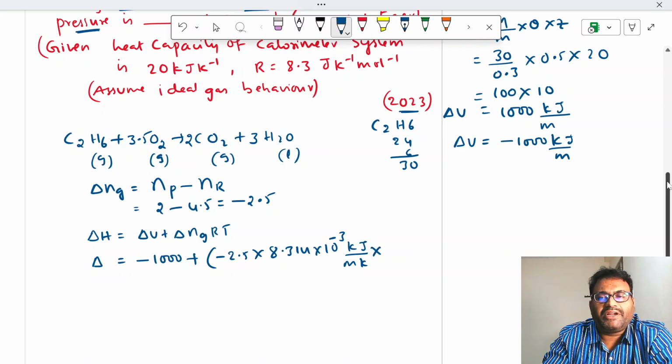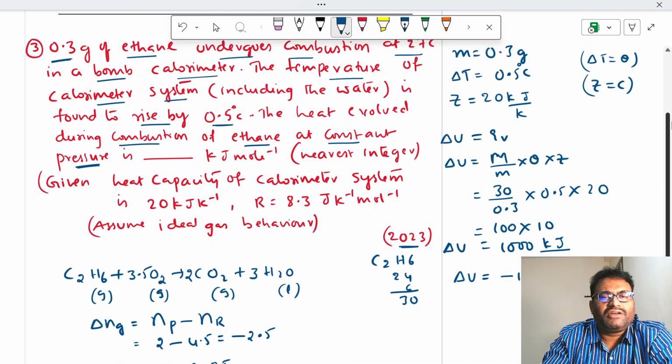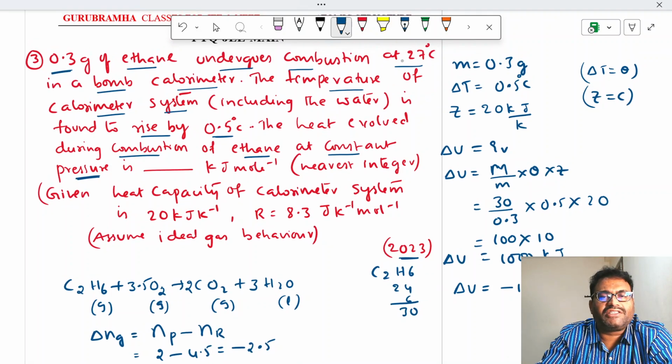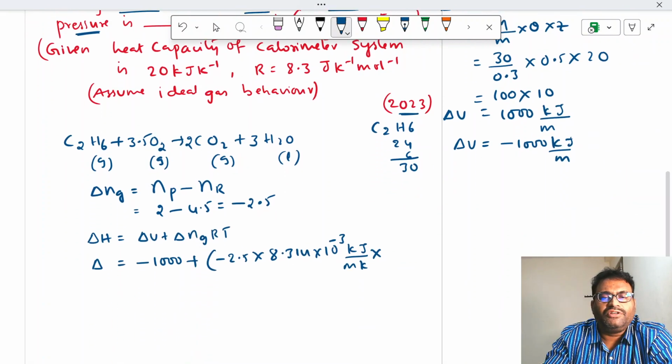So what is the temperature? The reaction is happening at 27 degrees centigrade, which is equal to 300 Kelvin.